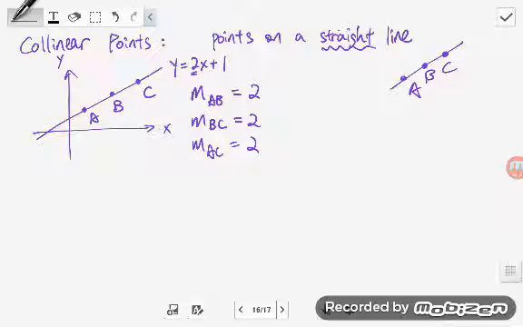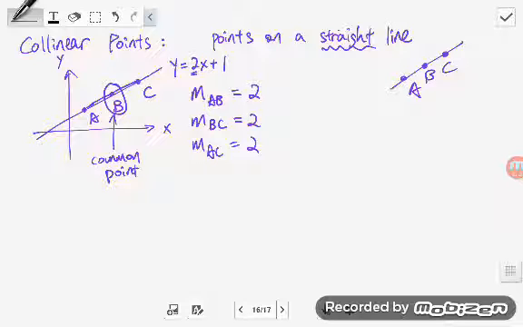Now there's one more characteristic that we need to show. If they are on the same straight line, then AB is one small section, and that section is connected to my section BC because point B is the common point.